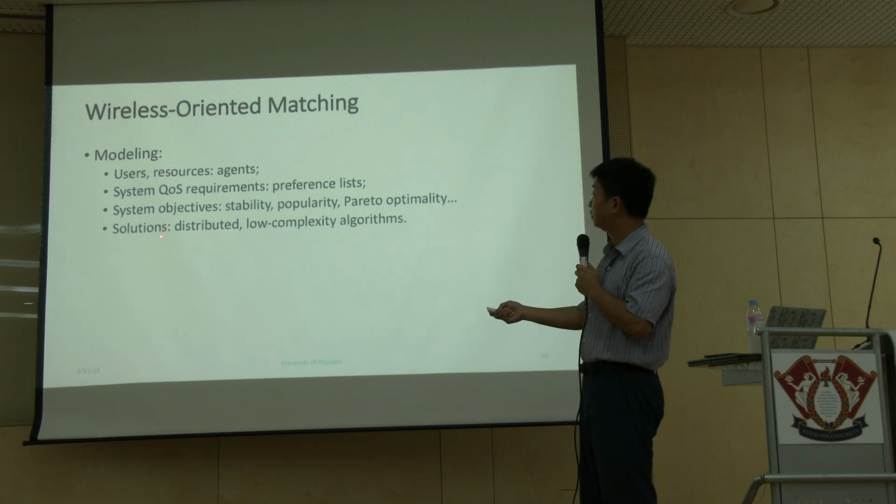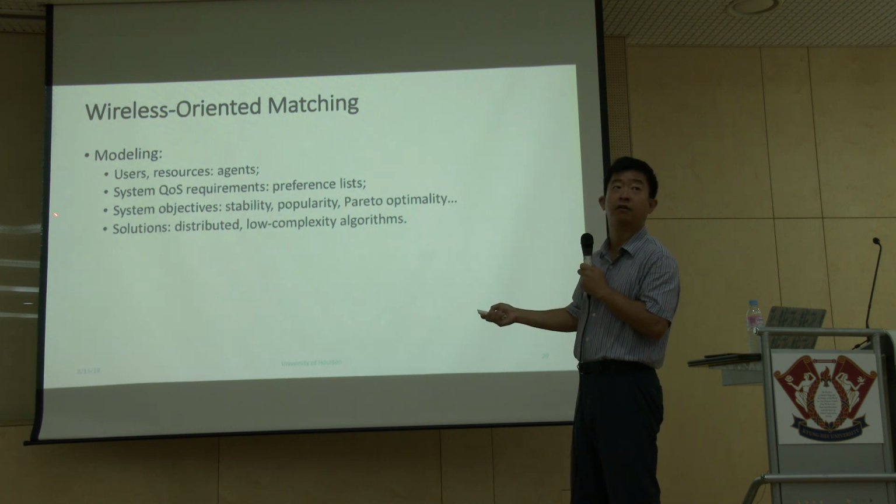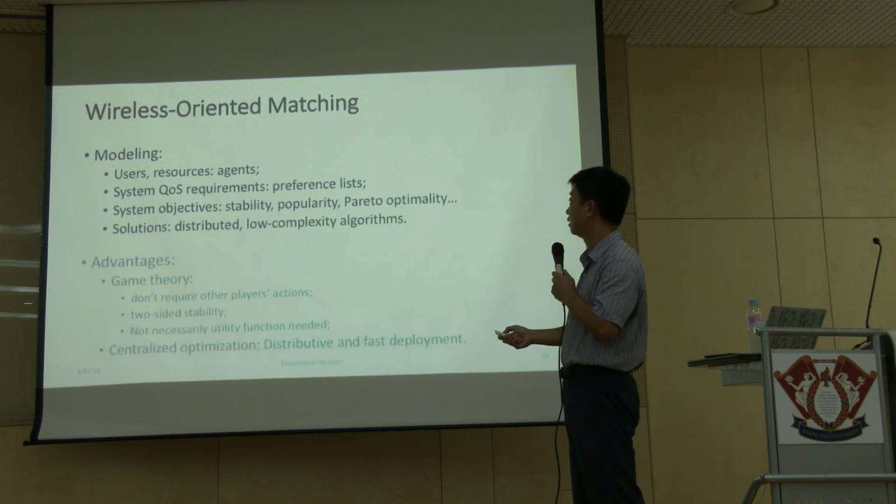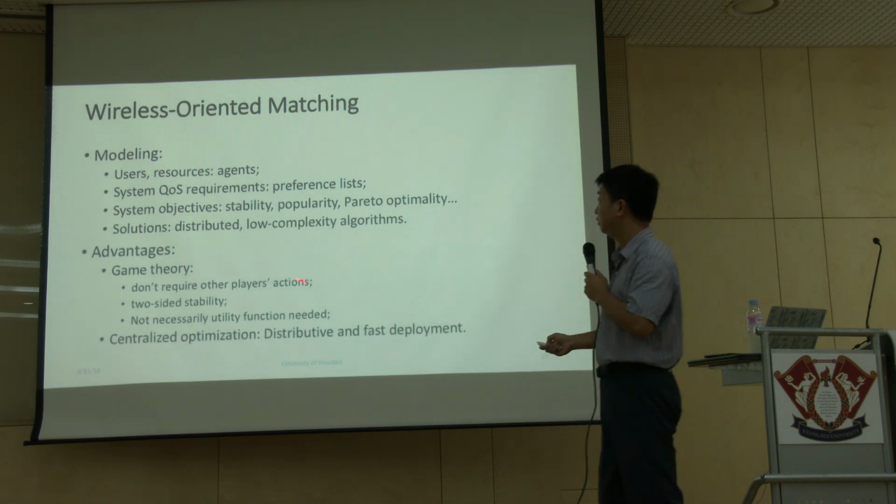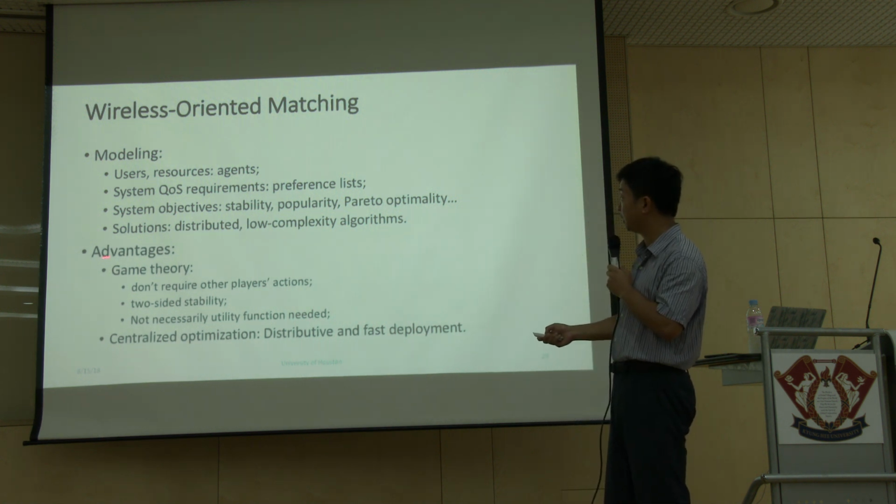Also the solution is very distributed and very low complexity, much lower than O(N). And the advantage for the game theory is that you don't require others' actions. You have two-sided stability, and no utility function is needed, only this preference list.